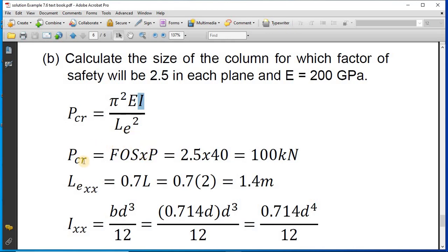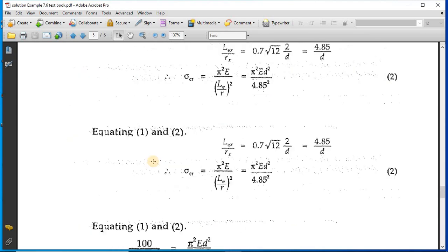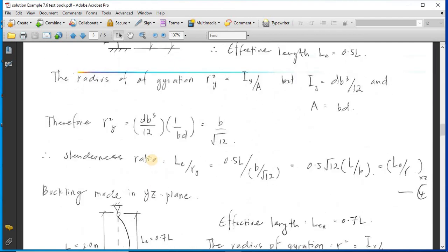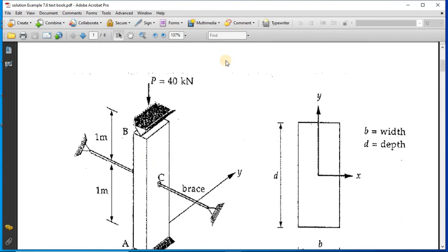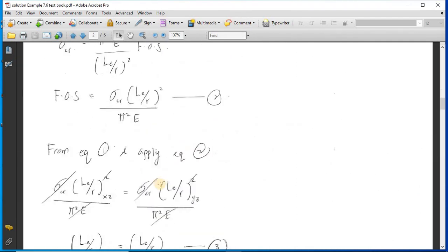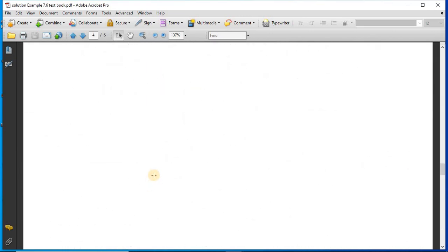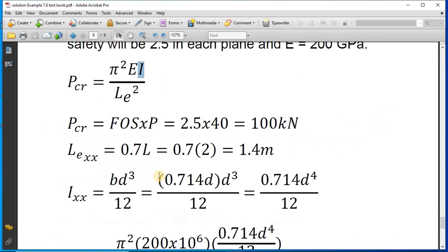The PCR value is equal to 100 kN, which you get from the factor of safety multiplied by P, because P is given as 40 kilonewtons, as you can see in this diagram. So PCR is equal to 100 kilonewtons.